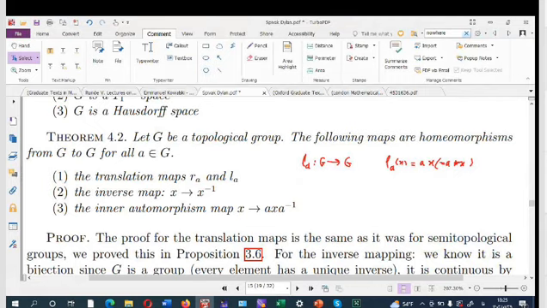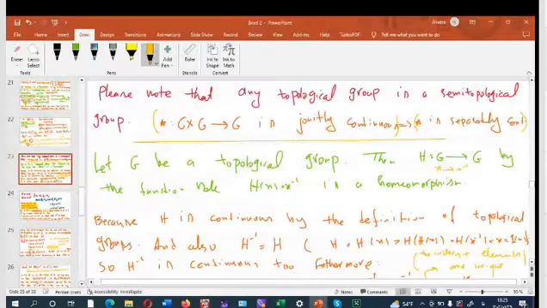So we must prove these three statements, and these two are very easy. For example, for the inverse map, if we consider h from G to G by the function x maps to the inverse of x, this h is a homeomorphism. This function is continuous by the definition of topological group. In any topological group, the inverse map is continuous. And also, h composed with h is the identity.